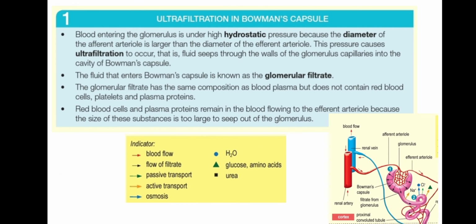Now let's see the processes that happen one by one. Blood entering the glomerulus is under high hydrostatic pressure. Why? Because the diameter of the afferent arteriole is larger than the diameter of the efferent arteriole. So what happens with ultrafiltration at this high pressure?